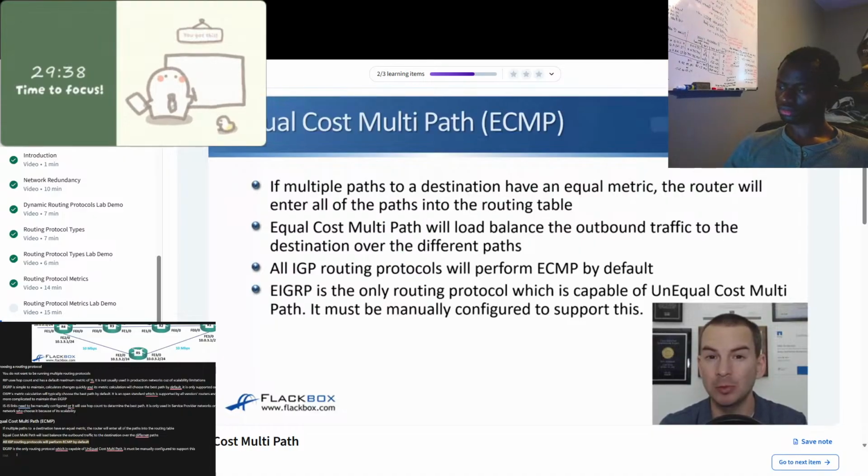So they can all do equal cost multipath. EIGRP is the only routing protocol that can do unequal cost multipath. EIGRP will not do unequal cost load balancing by default, but it can do it if you manually configure it to do so.